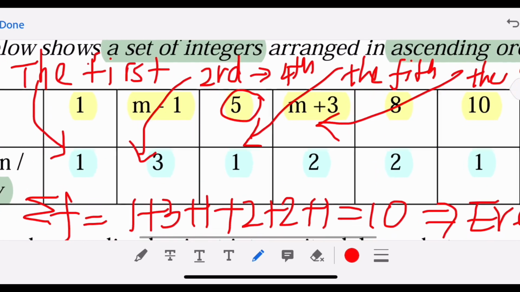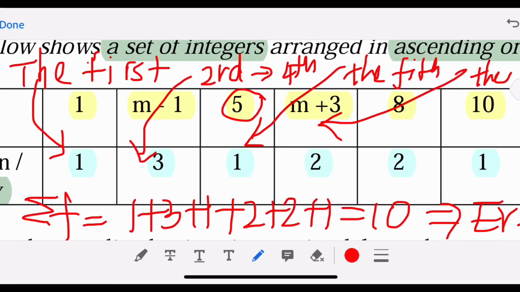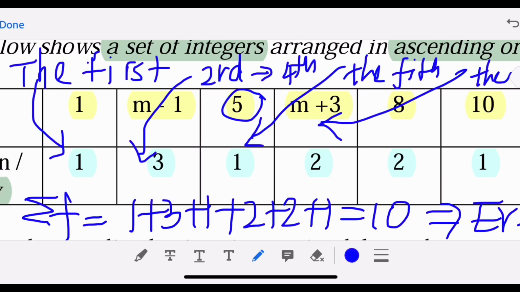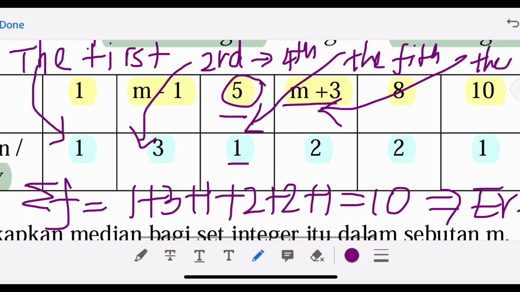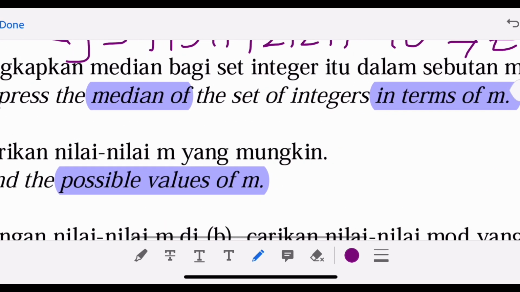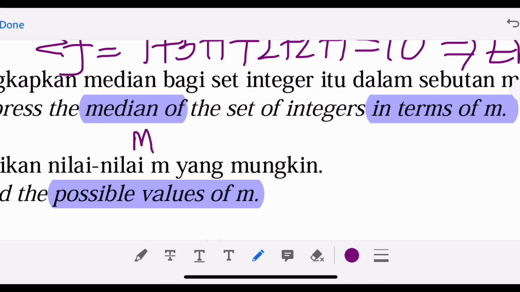So that is question 1. Find the median in terms of m. You can write your answer as m plus 8 divided by 2, or you can write a simpler answer as m over 2 plus 4, which is okay and can be accepted, up to you, so long as you are using the right concept.